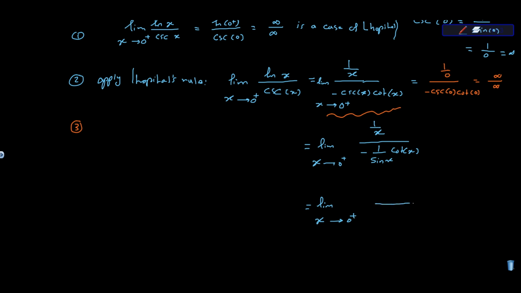This is the limit as x approaches 0 from the right of sine x over x times cot x. Yes, we can write it like this because this is equal to 1 over x times, minus, sine x minus cot x.